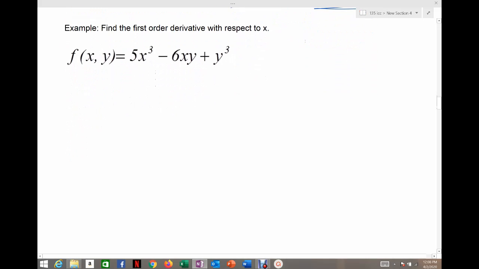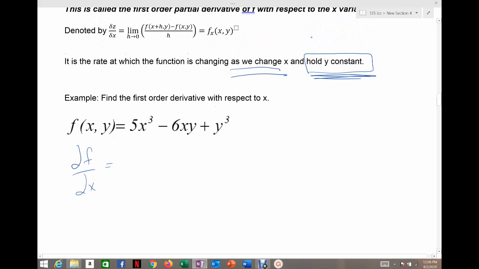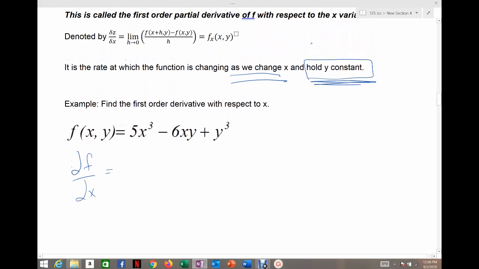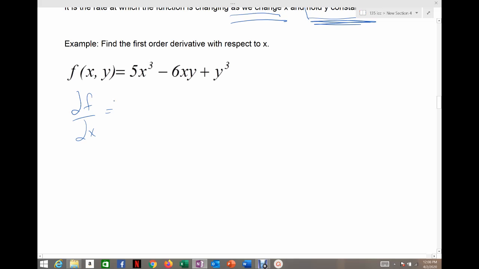So find the first order derivative with respect to x. I want my change in my function with respect to my change in x. That's the rate of change notation, then f sub x.